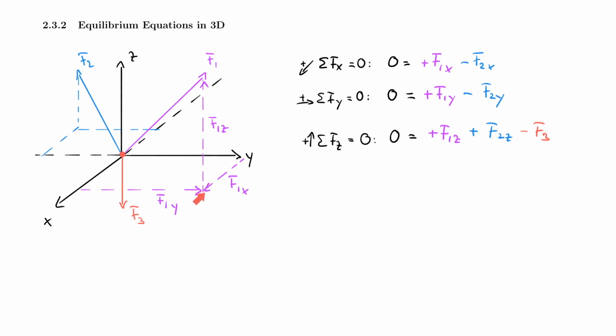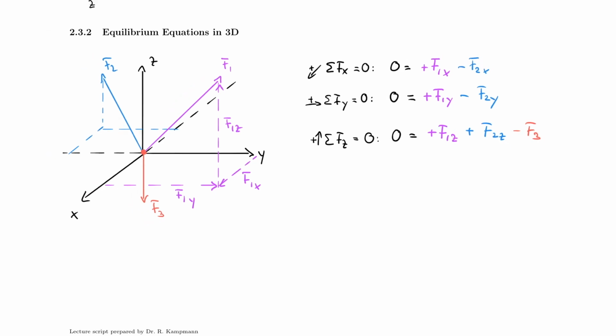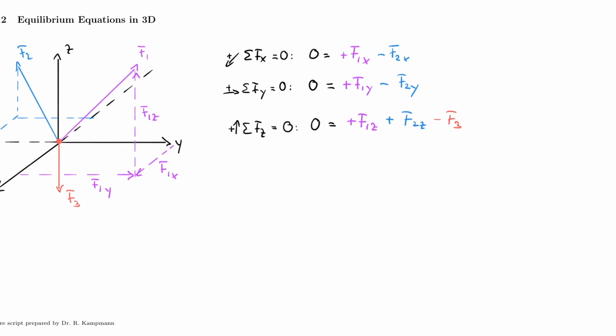Of course, I did this without these arrowheads here already, but this will clarify this a little bit more for you. So that means that we can use these equations and conditions in 3D as well. And just for our general understanding, because it's so much fun, this is the 3D equilibrium condition.